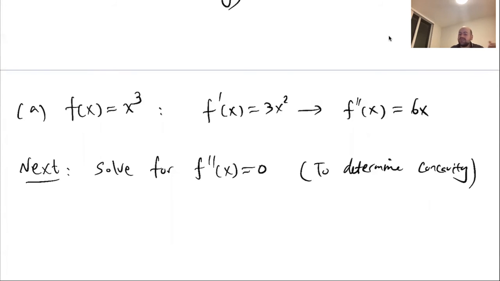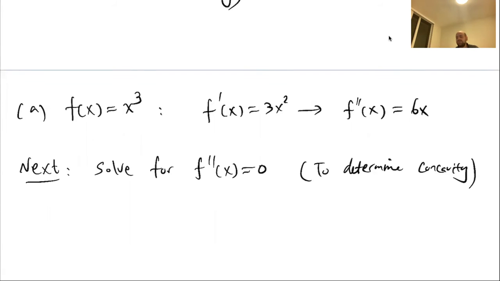To determine concavity, whether concave upward or concave downward, we have to solve for f double prime of x equals 0, find the roots of f double prime, and then use the sign chart for f double prime. So please remember, increasing, decreasing is related to f prime, whether it's positive or negative. Concave upward, concave downward is related to f double prime, whether f double prime is positive or negative.